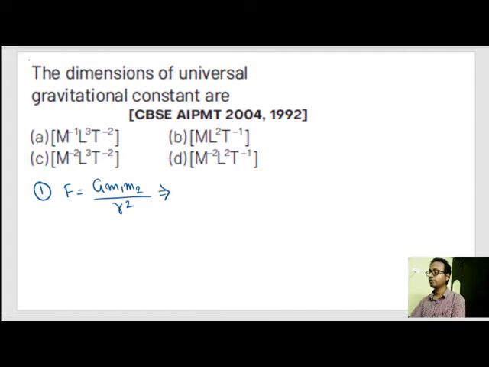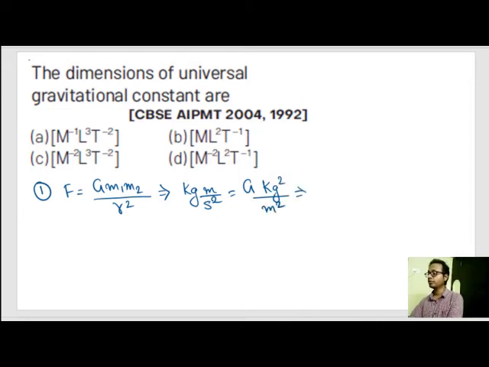The unit of force is kg meter per second square, equal to G times m1 and m2, both become kg, so mass multiplied by mass gives us kg square, by meter square.